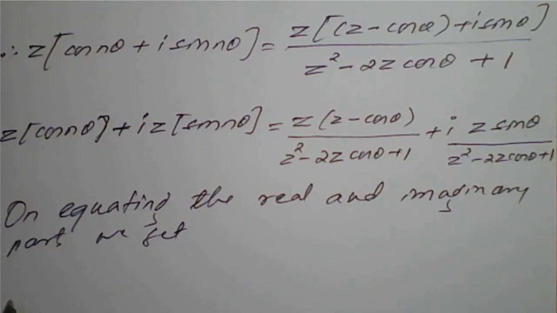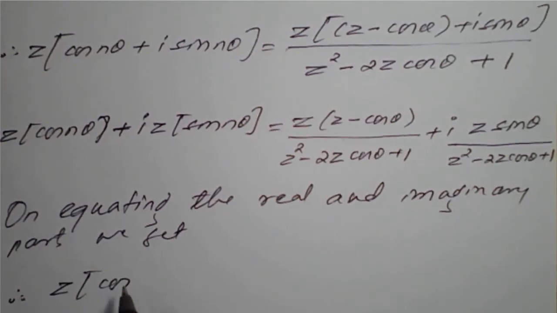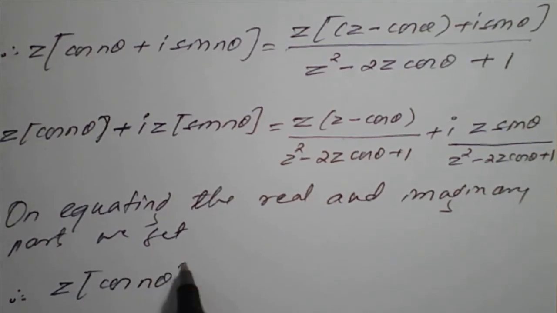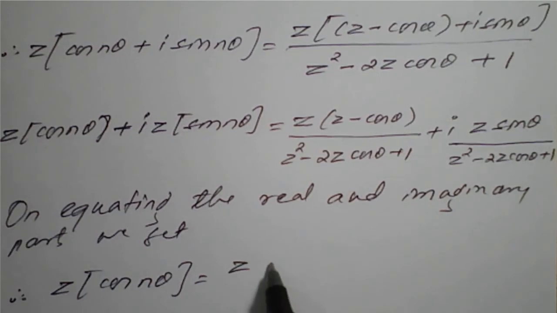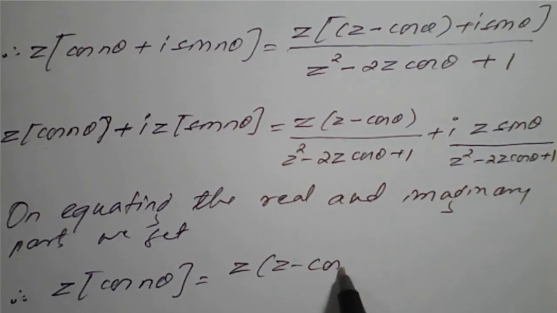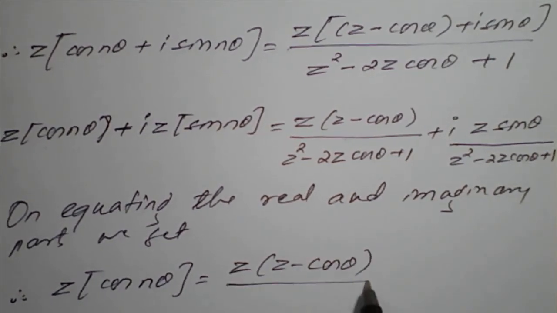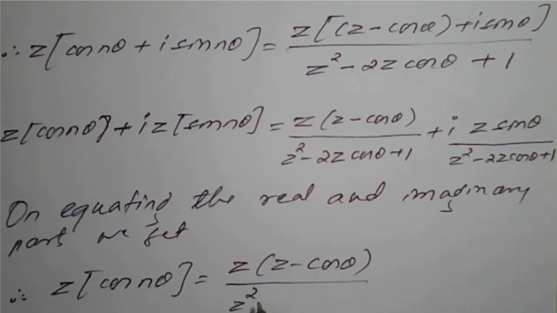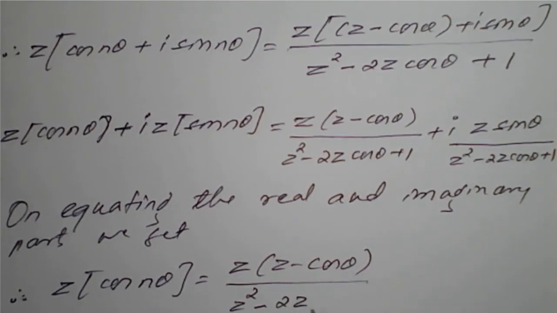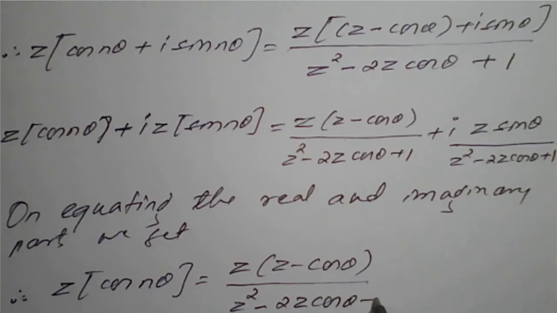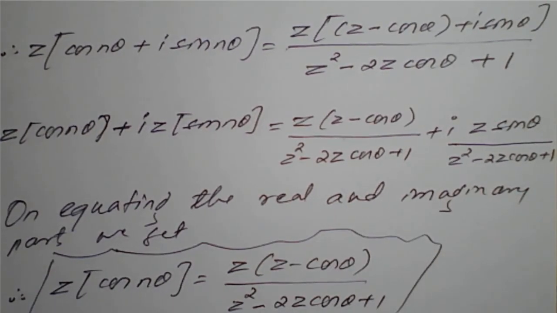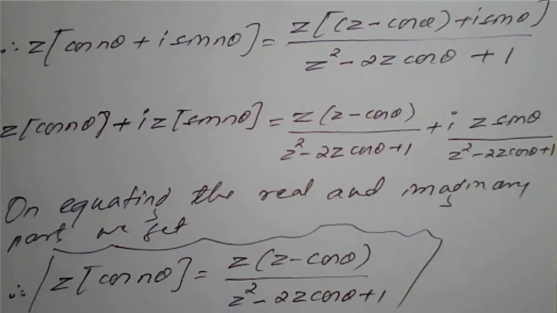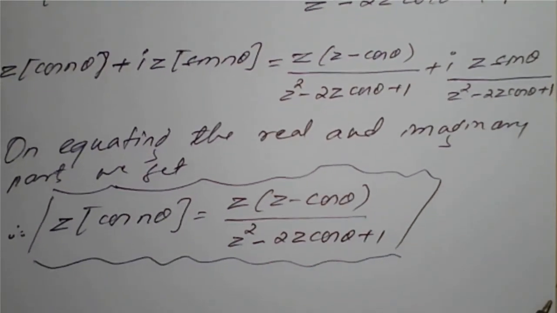Therefore the real part is Z of cos n theta, which is equal to the real part of the right hand side, z into (z minus cos theta) whole divided by z square minus 2z cos theta plus 1. So this is our first result, that is the Z transform of cos n theta.